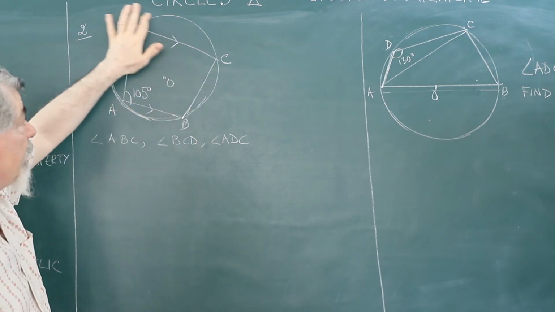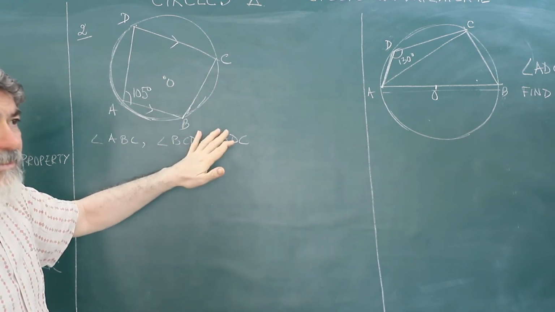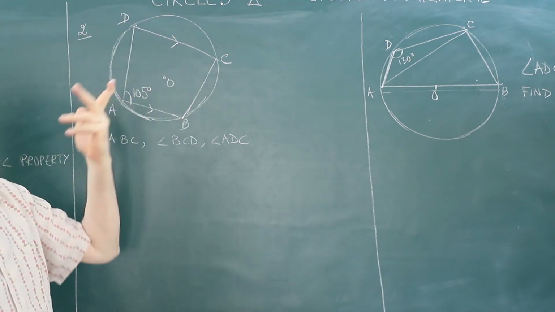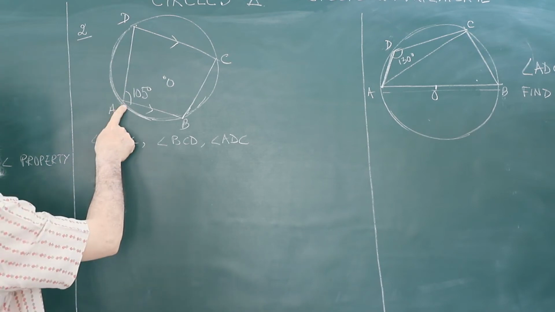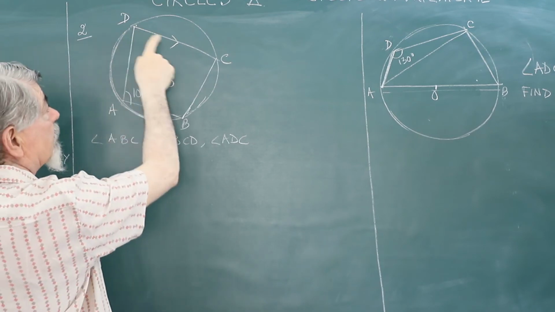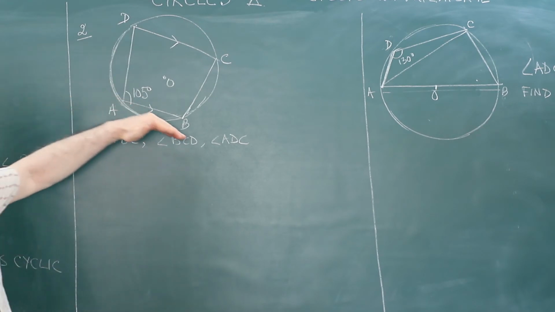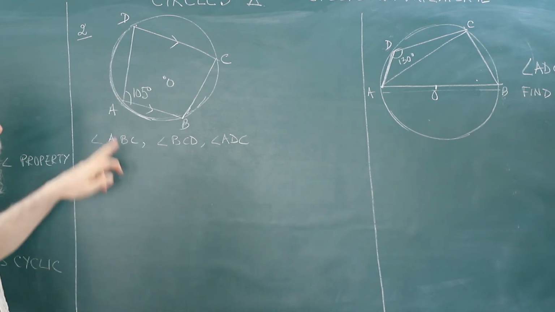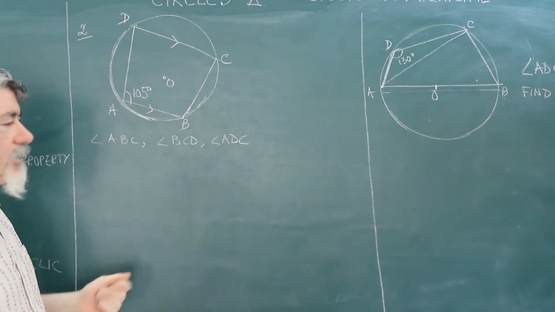So this figure actually is a cyclic trapezium, because AB is parallel to CD and obviously they are not equal in length. You can call it a cyclic quadrilateral.